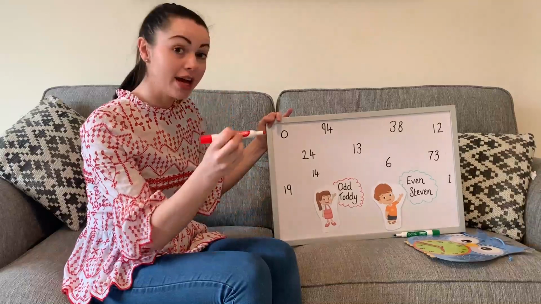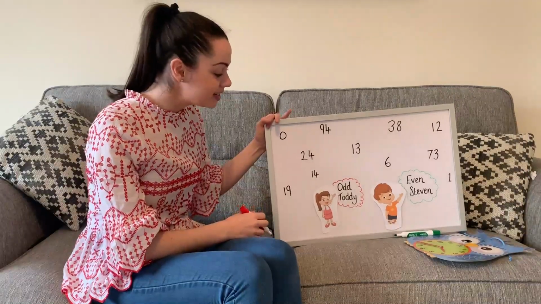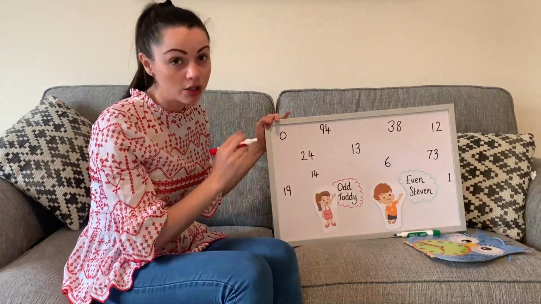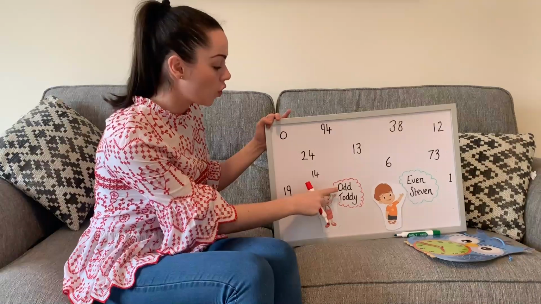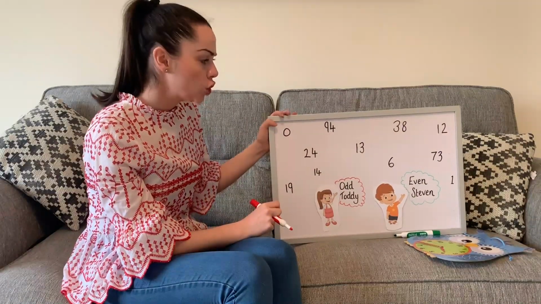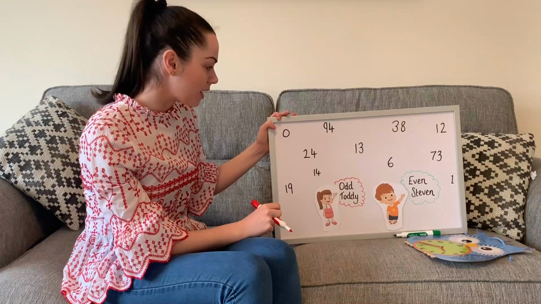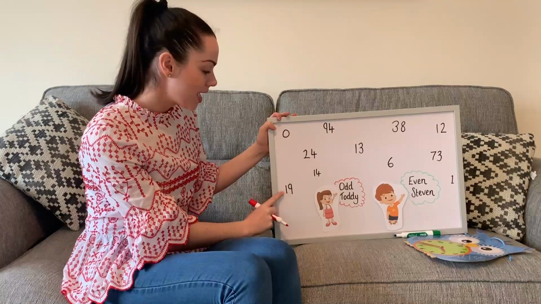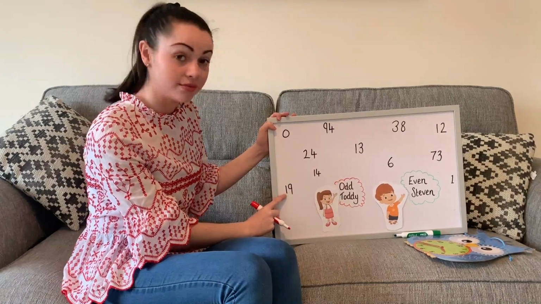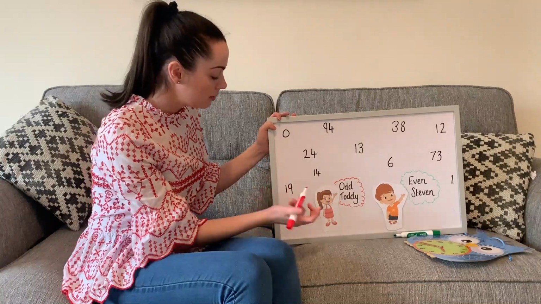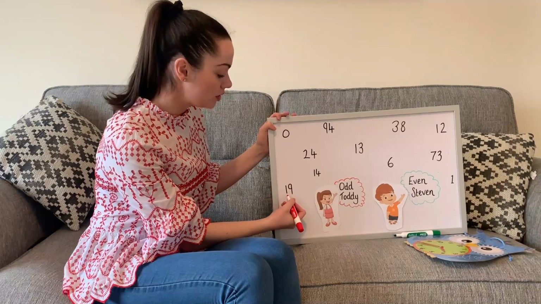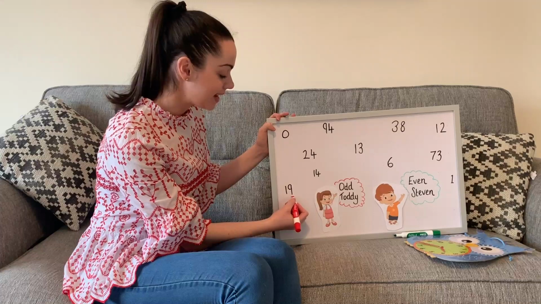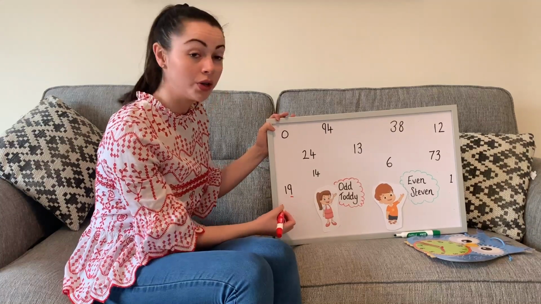So here I have my red marker, and I need to find the odd numbers first of all for Odd Toddy. So let me see. 19 is an odd number because it has 1 ten, but it has 9 little ones.